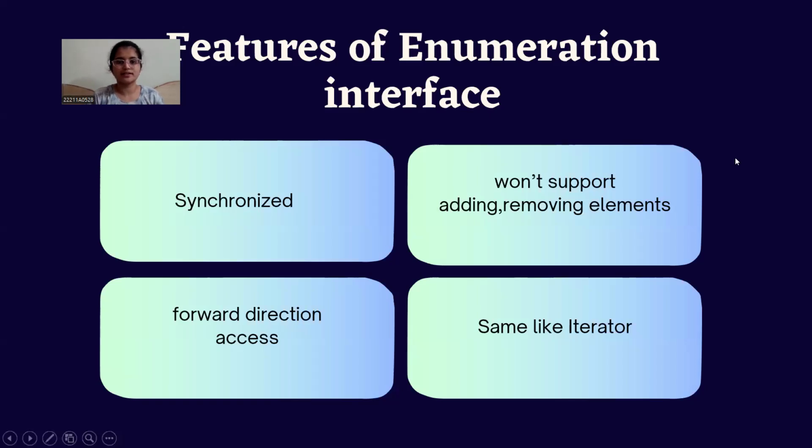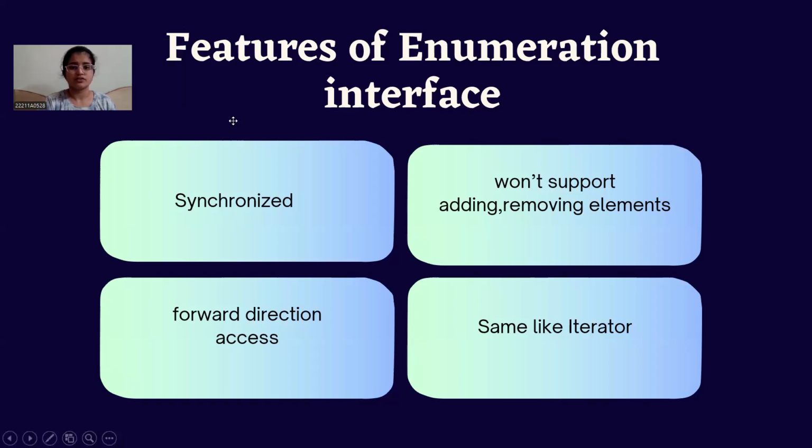So let's discuss the features of the Enumeration interface. The Enumeration interface can be synchronized. As I have said before, it won't support adding, removing or replacing the elements. We can only access the elements one by one, and it is the same as iterator.